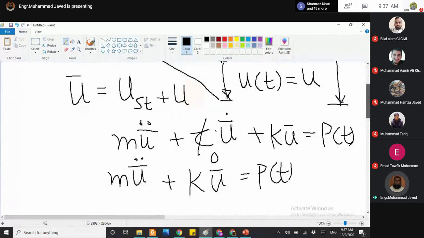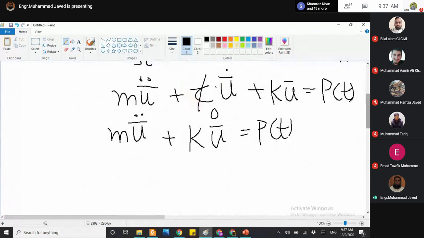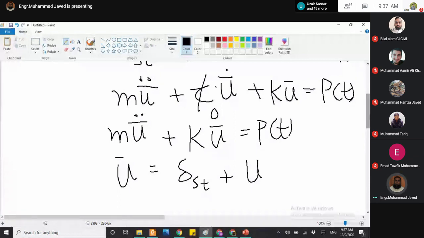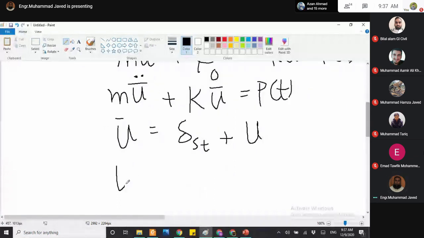Now coming to u bar, which is equal to delta st plus u. If we differentiate it once, since the static deflection due to gravity loads is constant, it does not vary with time, so this will become 0 and this will be u dot.